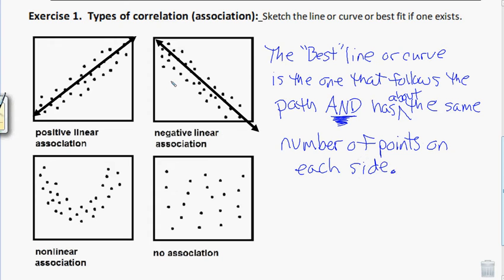So we're going to go back and look at the lines I just drew. This line is following the path, and I do have some points above the line and some points below the line. Some people, sometimes after they draw it, they erase and try again, like maybe it should go a little there. Now maybe it's a little bit better. This one maybe a tiny bit down.